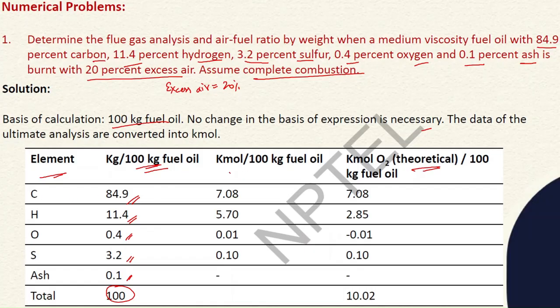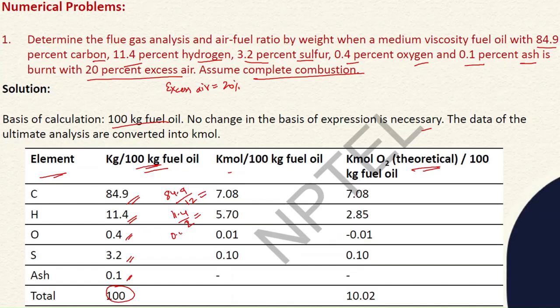Now, how do we calculate the kilomoles of these elements per 100 kg of fuel oil? By dividing by the molar mass of these elements. So 84.9 by 12 will give 7.08. Then 11.4 by 2, since hydrogen is H2, is 5.70.